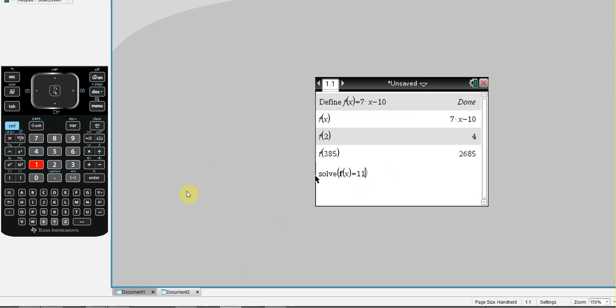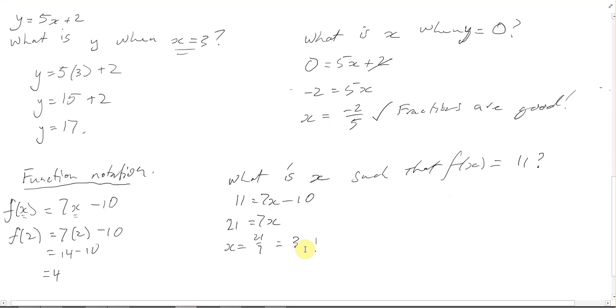And lastly, we need to tell the calculator what the answer should be. So we need to say comma x, because we want the answer to be x equals something. And you see that our function is in terms of x here. So we need comma x, press enter, and there you go. x is 3. Just like we had the answer over here, x being 3.